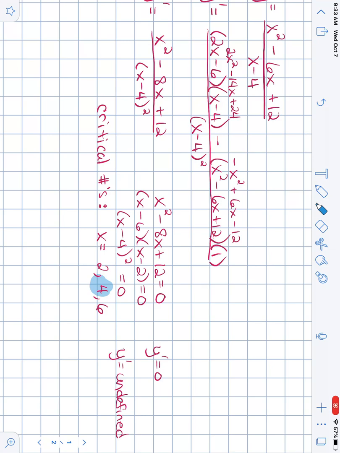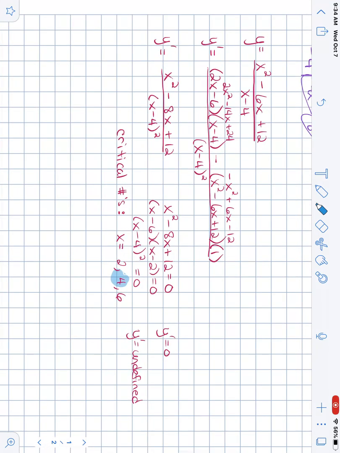I know that 4 is not a min or a max. But I'm still going to include it in my table because a vertical asymptote is a pretty key point on a function, and it's important to notice what's happening to the function around that vertical asymptote. So even though there is absolutely no way that could be a min or a max, I'm still going to use it in my table, in my little number line.